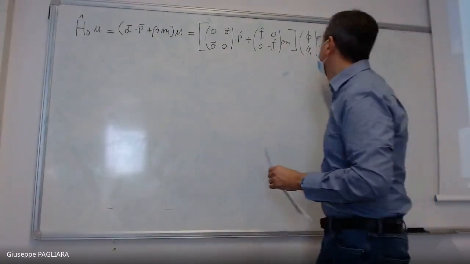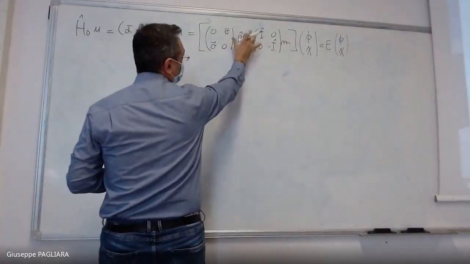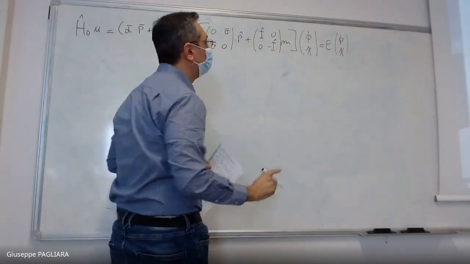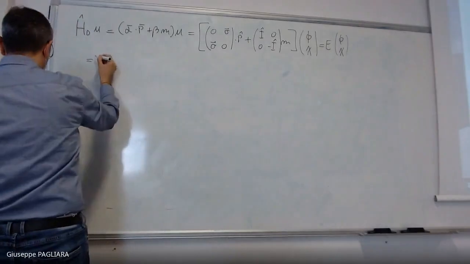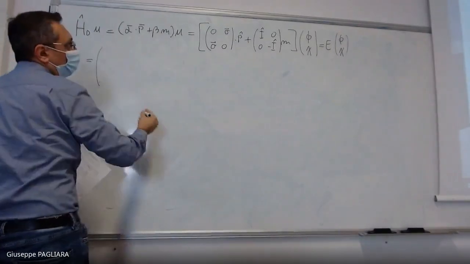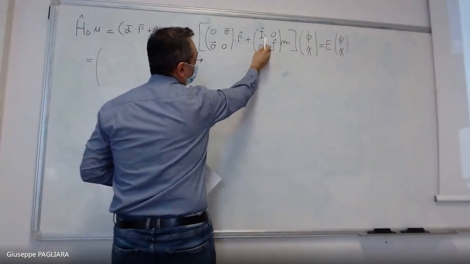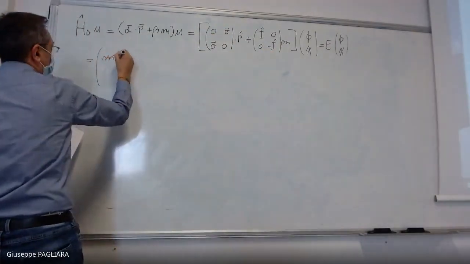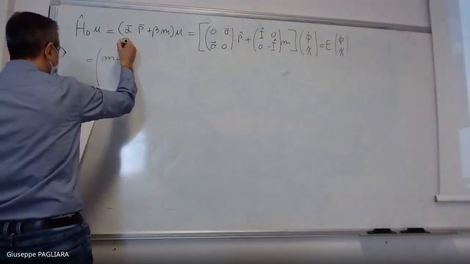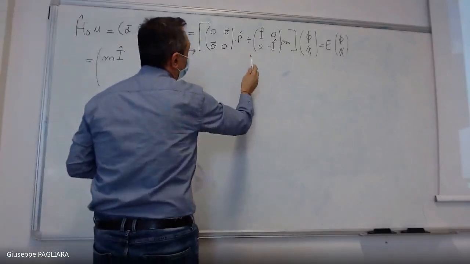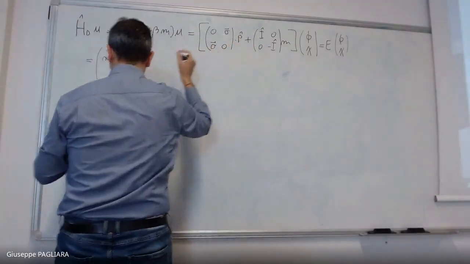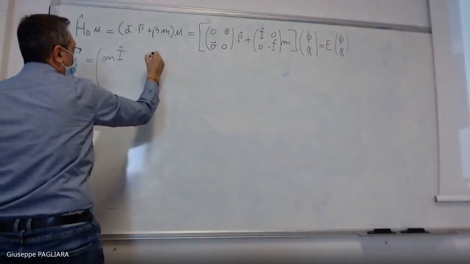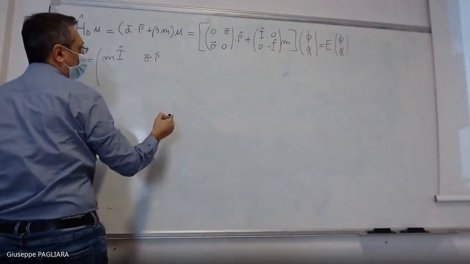So let's make now the sum of these two matrices here. This is going to be equal to, in the 1, 1 position we have mI plus 0, so this is just mI. In the 1, 2 position we have sigma p plus 0, so sigma p.